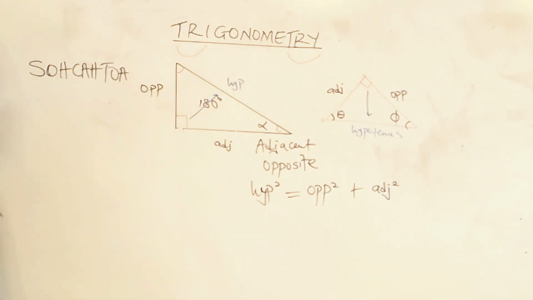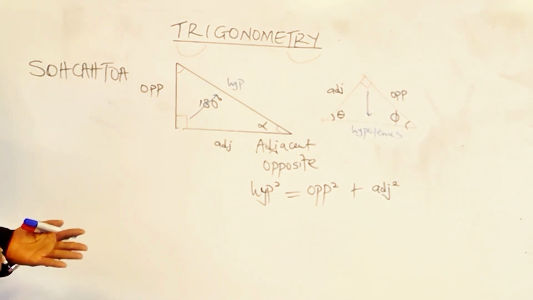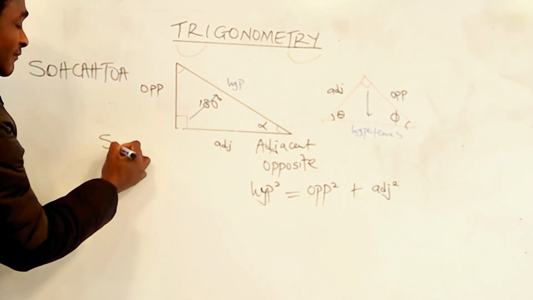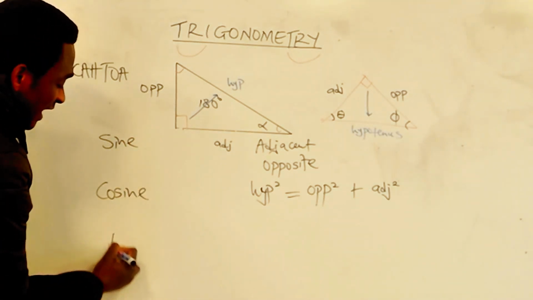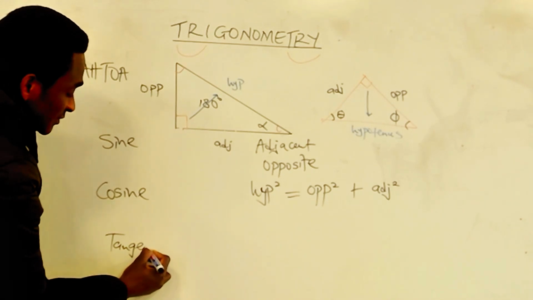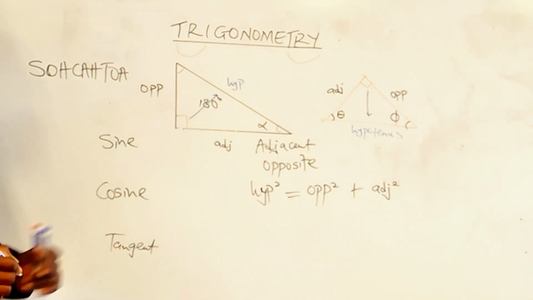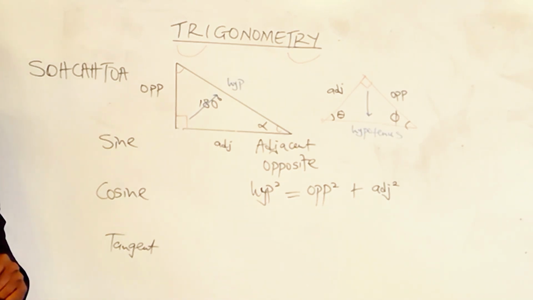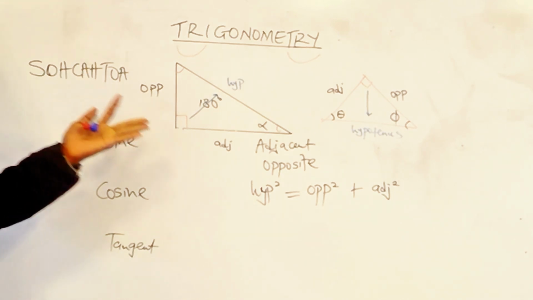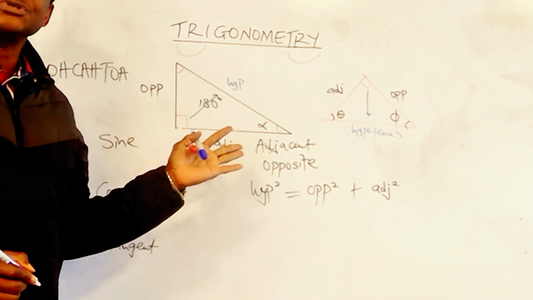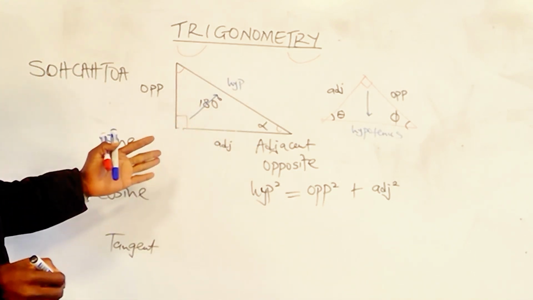SOHCAHTOA means that we have 3 trigonometric identities, which is sine, cosine, and tangent. With these three identities, using SOHCAHTOA, we can solve problems involving right-angled triangles.